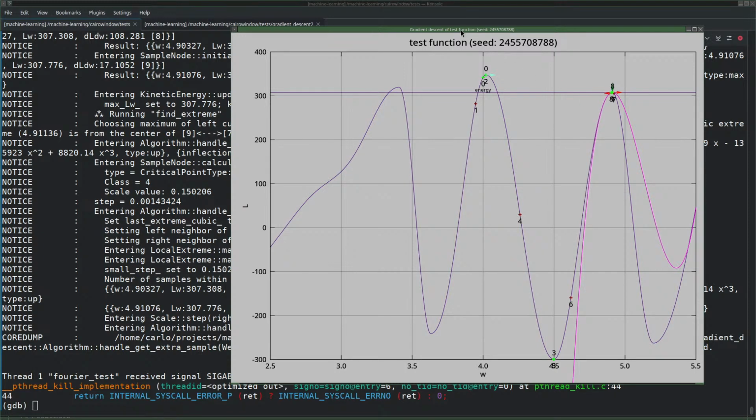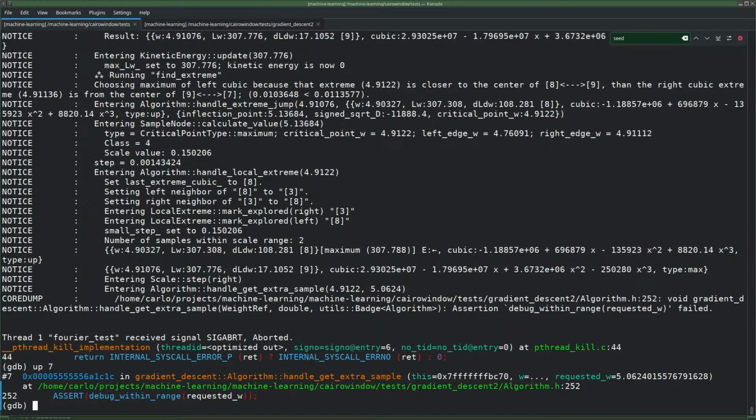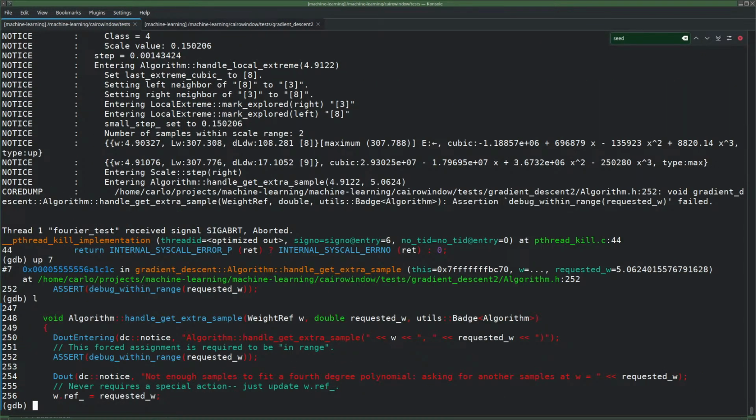Wow, again an assert, really. What is it this time? Forced assignment is required to be in range. Well, the range is minuscule.